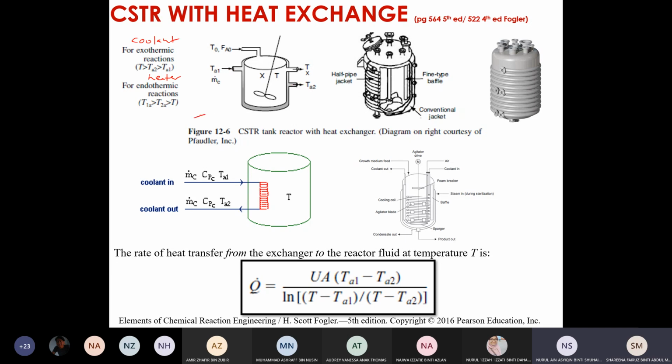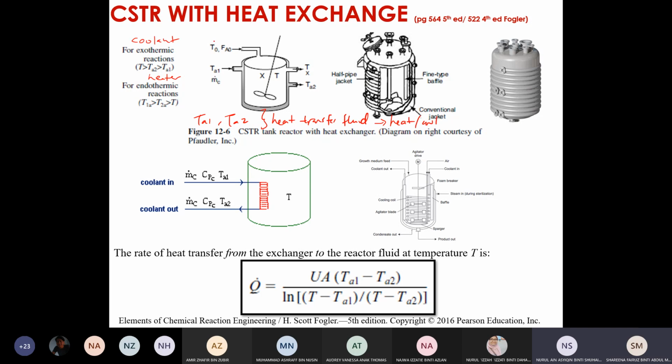Okay, so kena tengok TA1 dengan TA2. Okay, actually this is regarding the heat transfer fluid, whereby whether we use it to coolkan dia ataupun untuk heatkan dia.